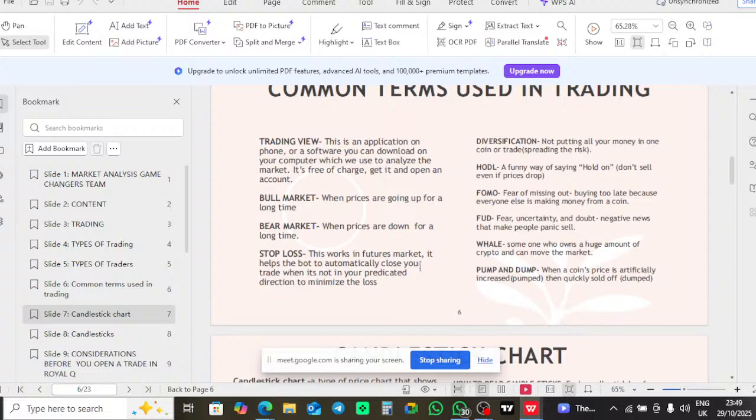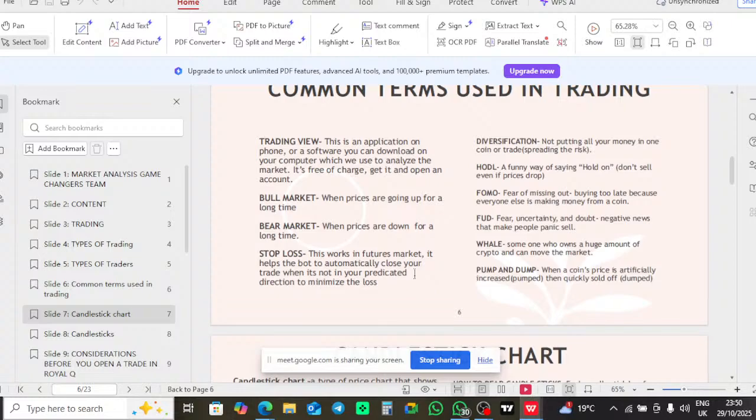So that is it. And we have a stop loss. The stop loss is used when you are trading futures, and some are using it when they are trading spot. Now, what does stop loss mean? This works in a futures market.